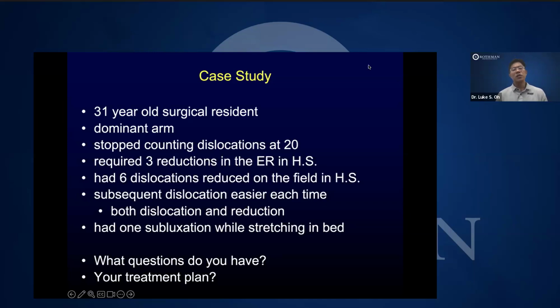What's your treatment plan? When you hear the story, there seems to have been a lot of dislocations. You would say, well, clearly, this person sounds like they need surgery. And in fact, I'm concerned about a missed Hill-Sachs tear, or maybe some glenoid bone erosion, because of the magnitude and the number of dislocations. But here's the thing. This is a 31-year-old surgical resident.